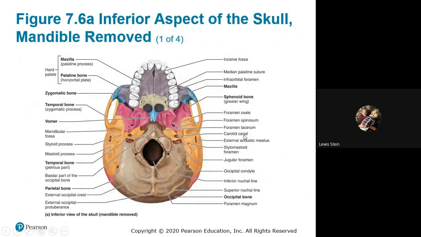Same illustration. Underneath, a couple extra holes to tell you about. So you can see it colored here. When you look at it, and I'll use this one that's got all the color, these are muscle attachments. When you look under here, okay, the area that I'm looking at is here.